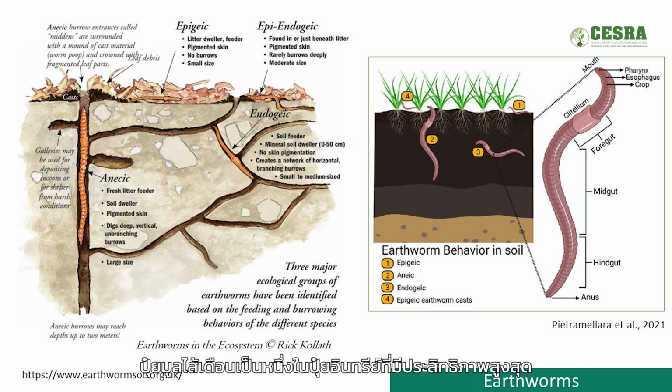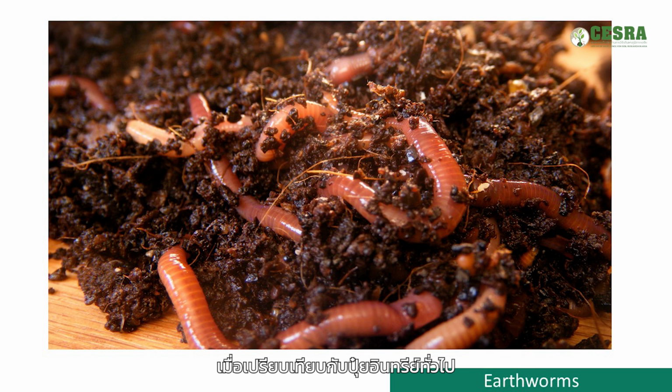The vermicompost is one of the most efficient organic fertilizers as compared to general organic fertilizers. The vermicompost is produced by earthworms feeding on decaying organic materials and excreting it as excrement. Vermicompost is similar to dark black soil, loose, and resistant to water leaching.